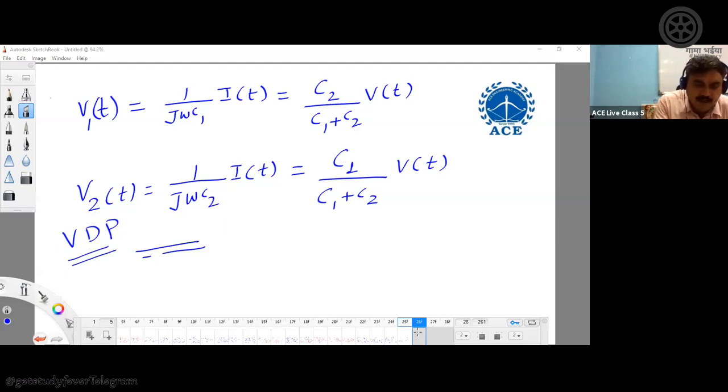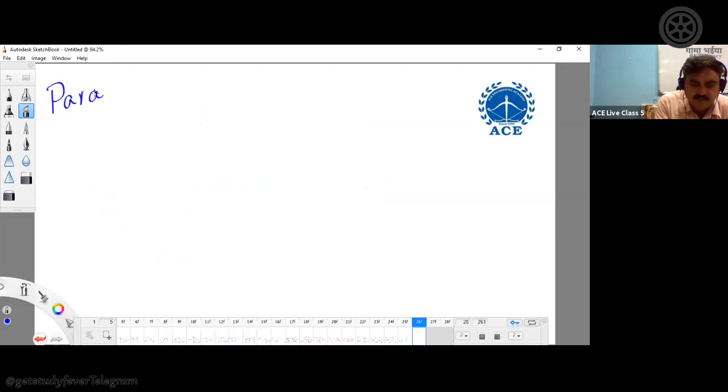Now, what about parallel connections? When will you say that the network elements are connected in parallel? Very important.